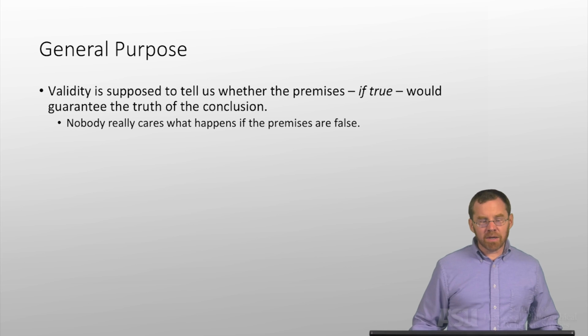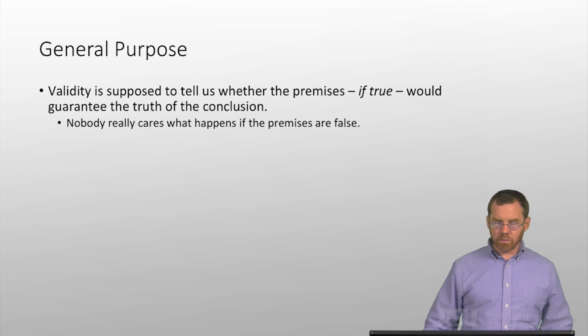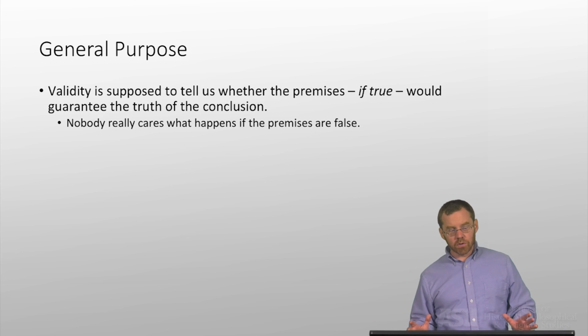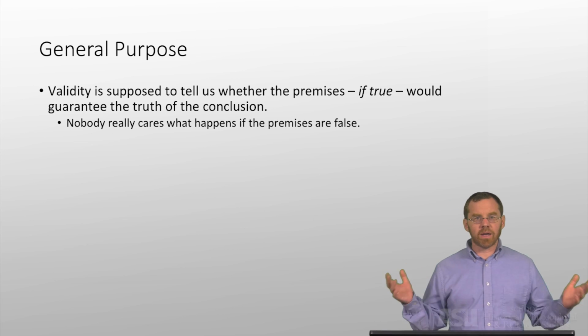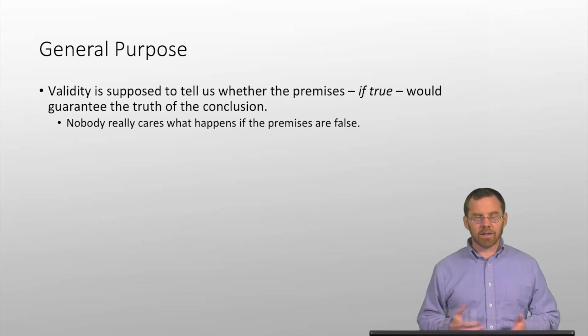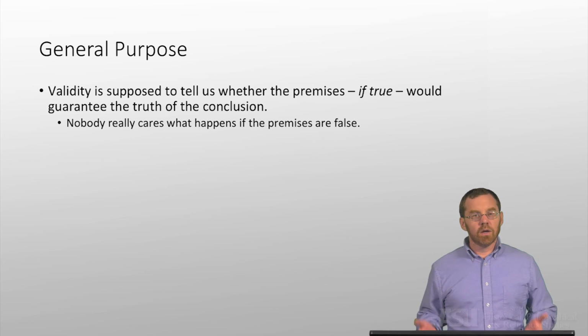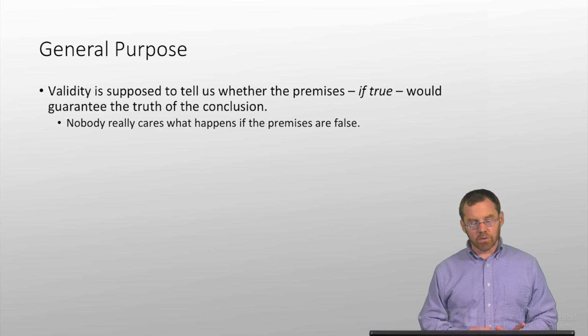Well, the general idea behind this is that validity is supposed to tell us whether the premises, if true, would guarantee the truth of the conclusion. Nobody really cares what happens if the premises are false. If the premises are false, it's a bad argument. It doesn't prove anything. There's nothing to be concerned about. The real question is whether or not the premises, if true, would guarantee the truth of the conclusion.